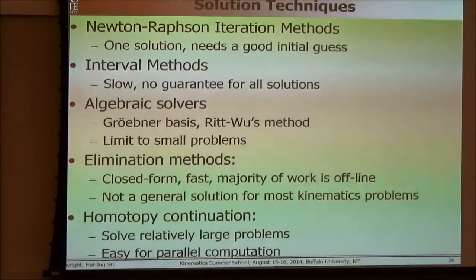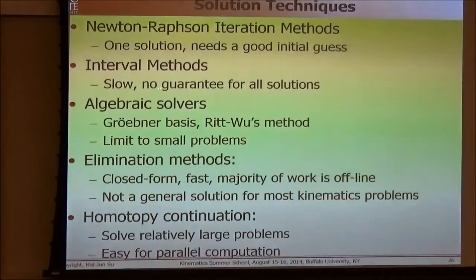Here are examples of solution techniques. I don't mean to be comprehensive, but these are some of the solution processes I'm aware of. Newton's method can find one solution, but you need a good initial guess.